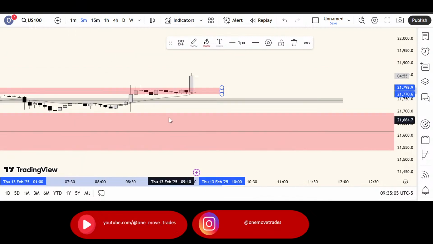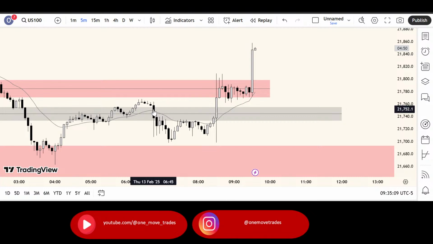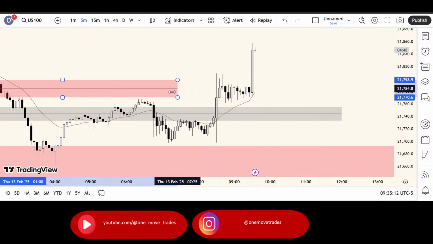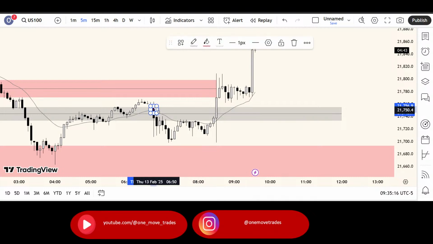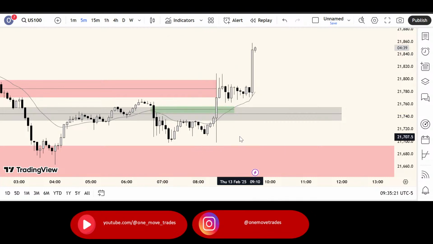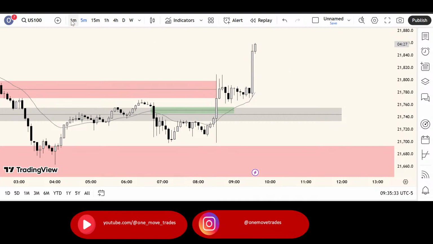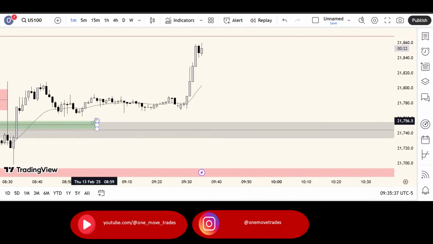On the 5 minutes, I will go on 5 minutes. We can see that we have this reversed one here, this one, and it's a support that we can trust. So I'm bullish, and I'm going to wait for price to retrace or pull back to this area.